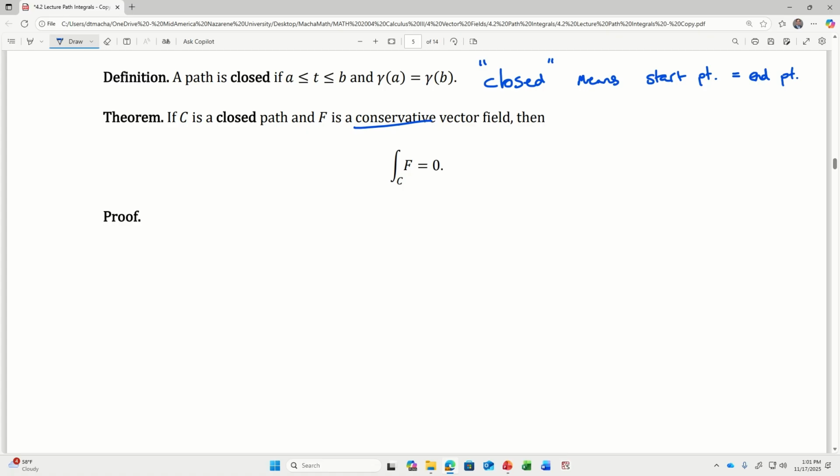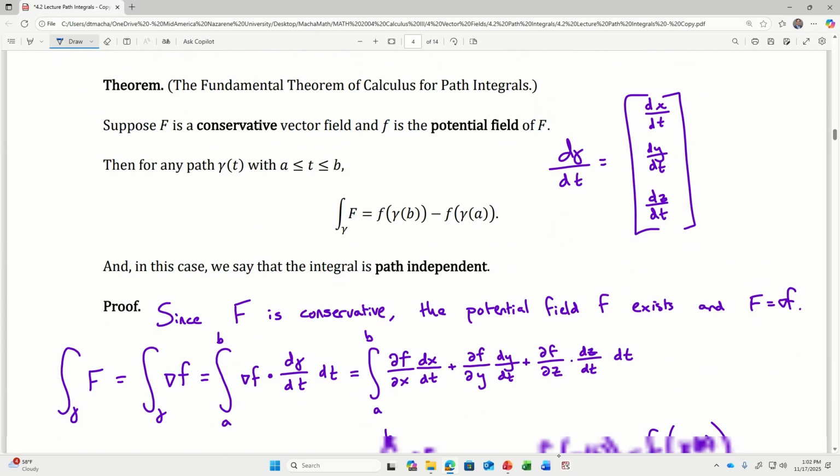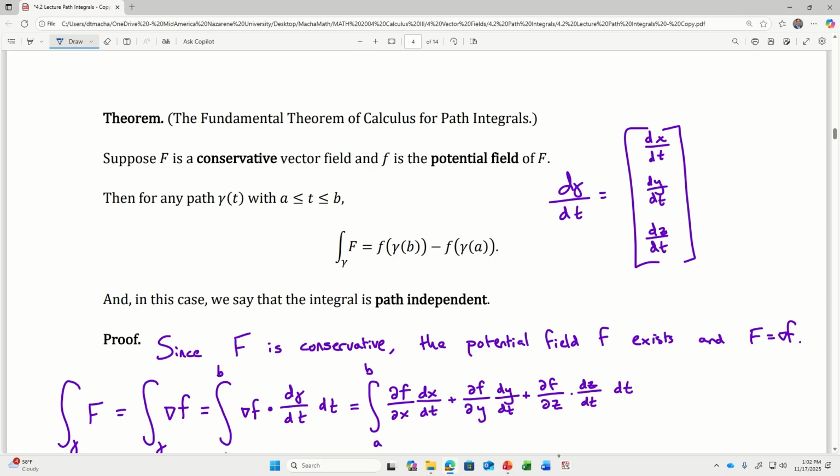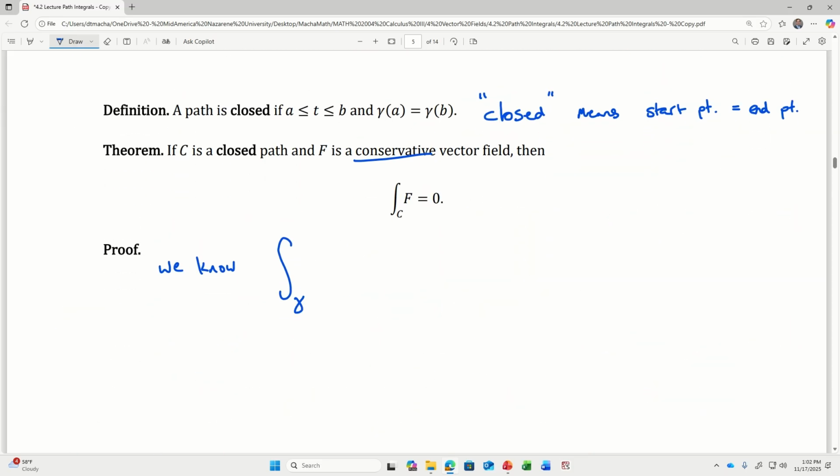The proof relies on that fundamental theorem of calculus for path integrals, because we know now that, let me scroll up so I don't write it down wrong, the path integral of a conservative vector field would be equal to the potential field at the end point minus the potential field at the start point.